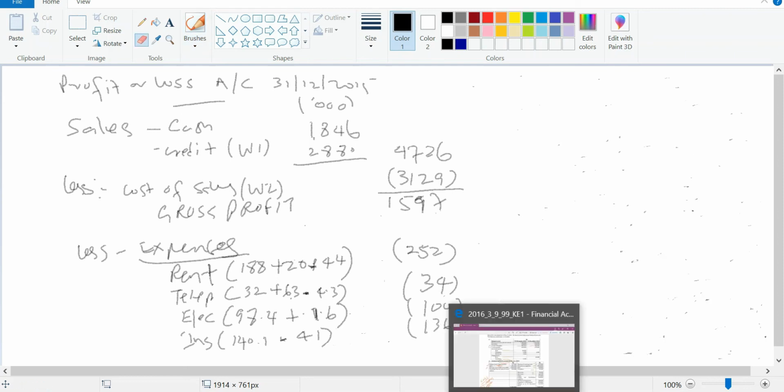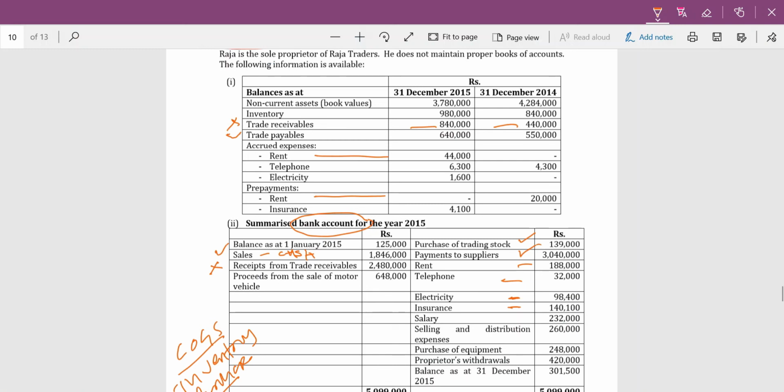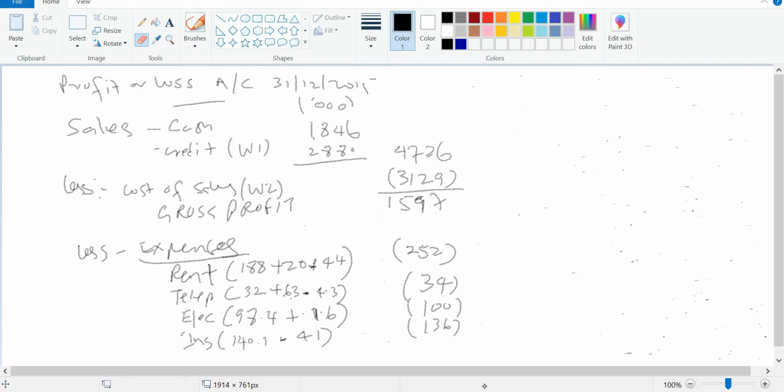Okay. Now let's move on to the other expenses. Salaries. Check whether there are any prepayments, no prepayments, no accruals. So straight away you can take the salaries, 232,000.